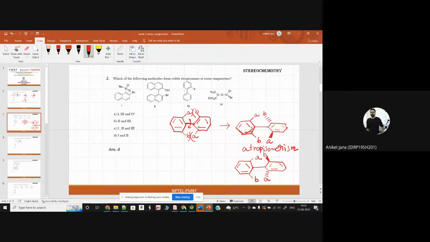These two conformers have the same configuration? No, sir, they are enantiomers of each other. The absolute configuration will be the reverse of each other, right?